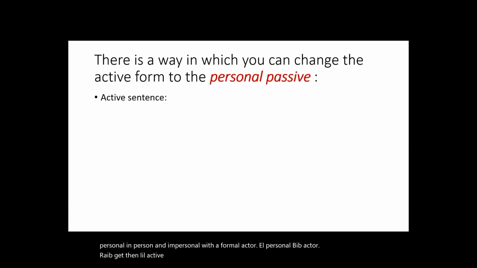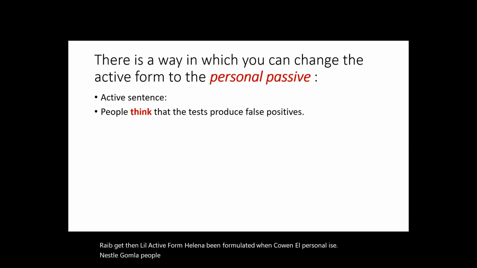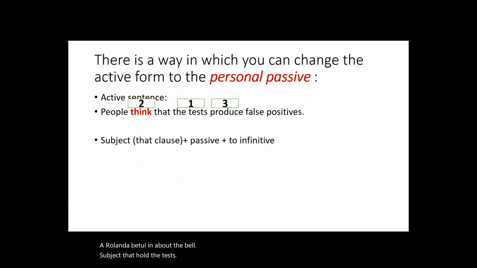خلينا نشوف إحنا بنفورميوليت أو بنكون personal إزاي. نفس الجملة people think that the tests produce false positives. طب الرول عندي بتقول ايه؟ الرول عندي بتقول انه انا ببدأ على طول السبجكت اللي بعد that اللي هو the tests، وبعد كده بحط that close plus passive plus to infinitive.